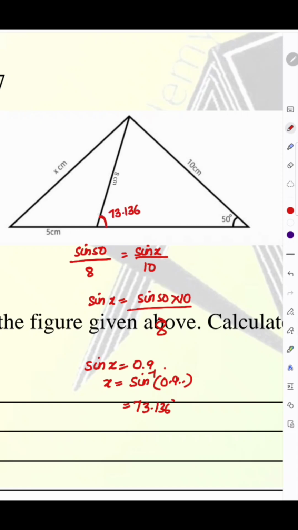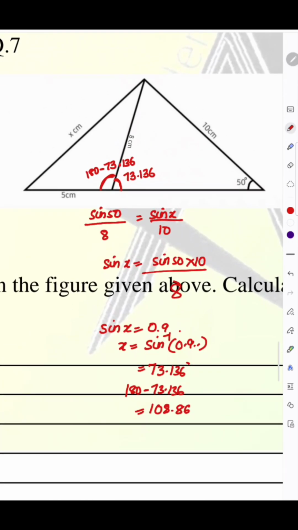So which means this angle is 73.136. That means this angle is, because angle in a straight line is 180, 180 minus 73.136, which is equal to 108.86. So this is the angle.